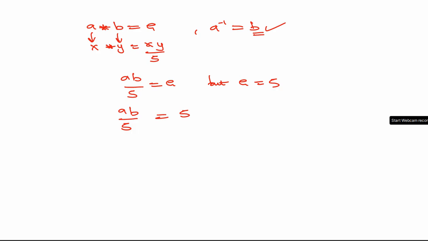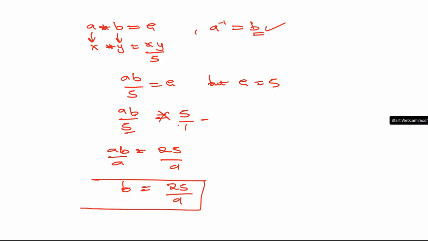So we are going to make b the subject of the formula. We cross multiply. This times this, we get ab is equal to 25. So we divide by a. Our inverse b is equal to 25 over a. So this is how you find an inverse. And actually, as long as the identity exists, that means an inverse also exists.